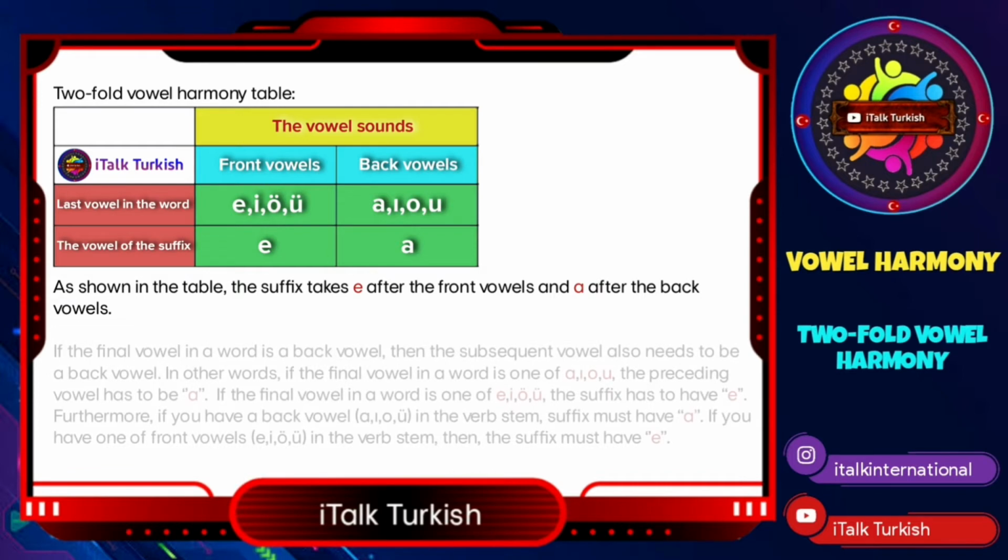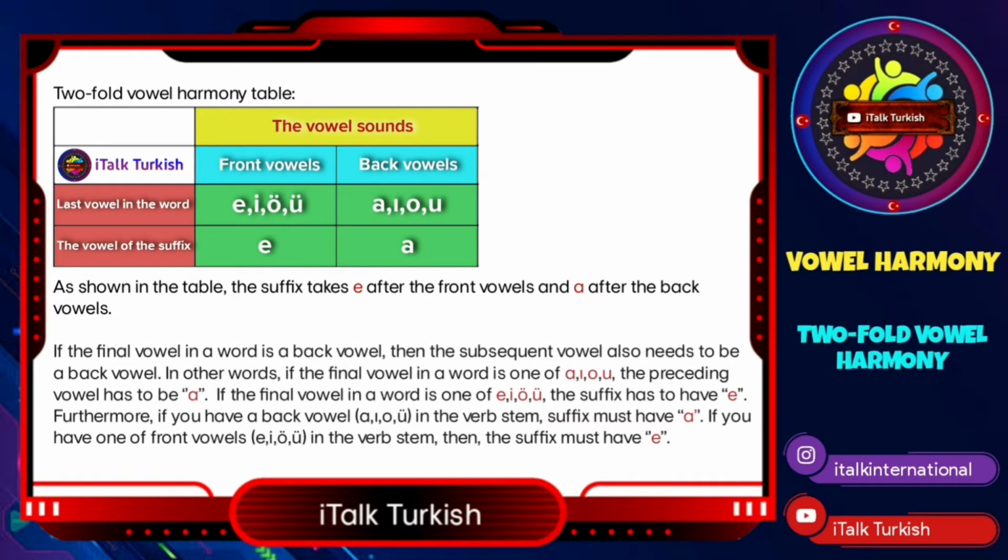If the last vowel in a word is a back vowel, then the next vowel also needs to be a back vowel.